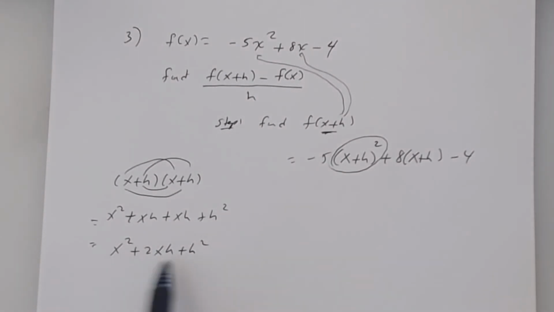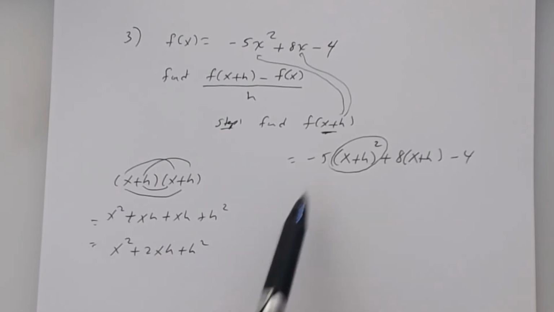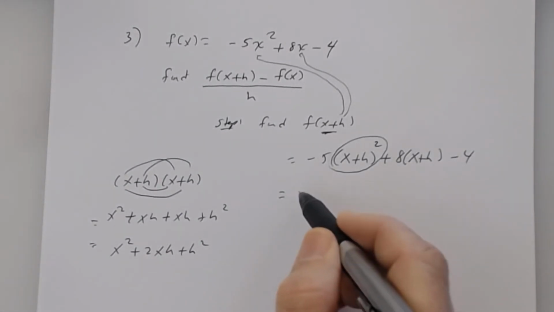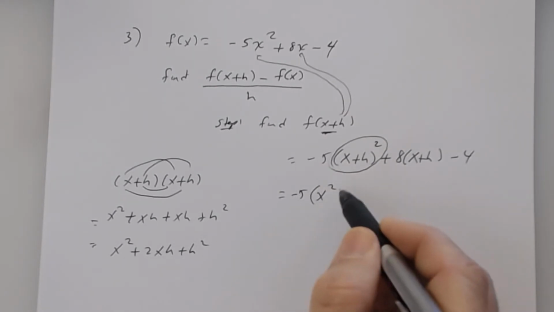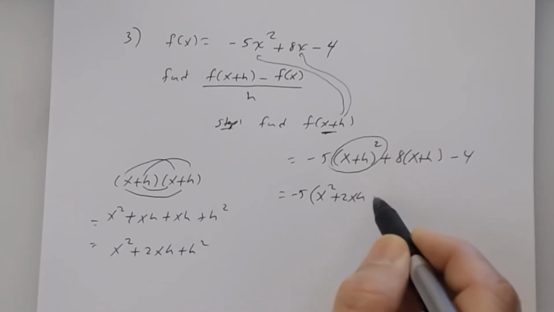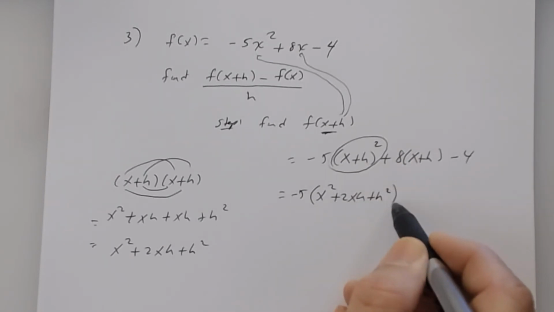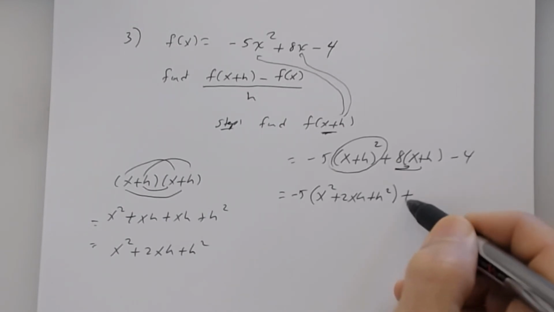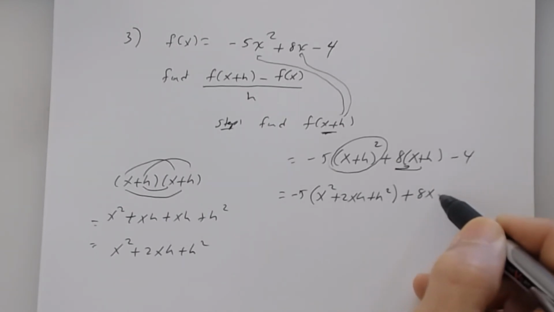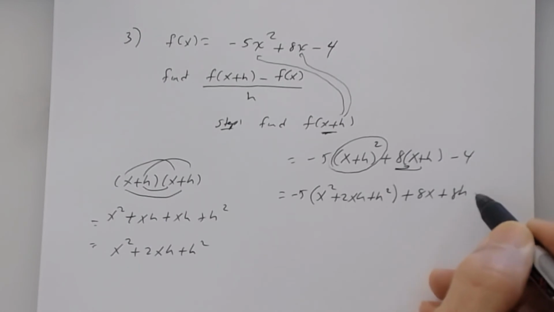But this trinomial has to be multiplied by what number? -5. So let's go ahead and write that in. So that's -5 times, in parentheses, x squared plus 2xh plus h squared, right? Now let's go ahead and distribute this one. That's going to be plus 8x plus 8h minus 4.